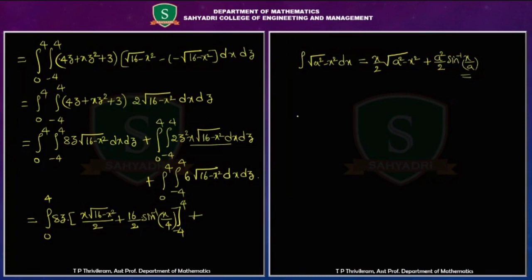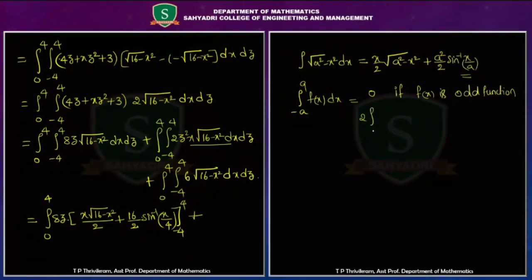According to definite integrals, integral minus a to a of f of x dx is equal to 0 if f of x is an odd function. Similarly, it is 2 into integral 0 to a of f of x dx if f of x is an even function.